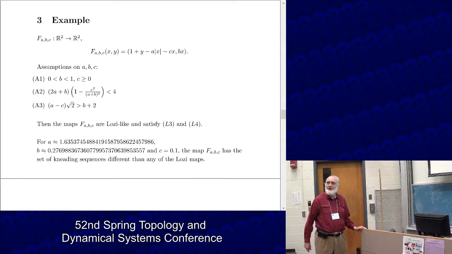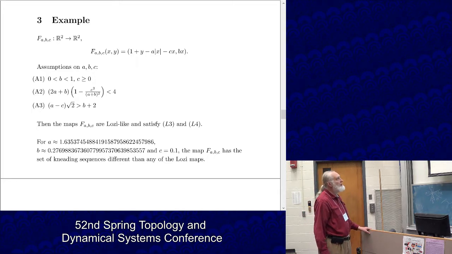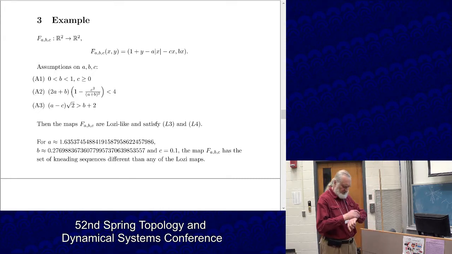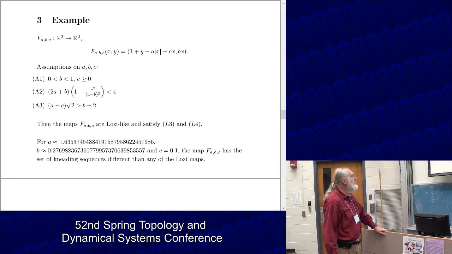These are, of course, approximate values. And C equals 0.1. And then we compute something which we call kneading sequence. I will talk about it in a moment. I still have some time.